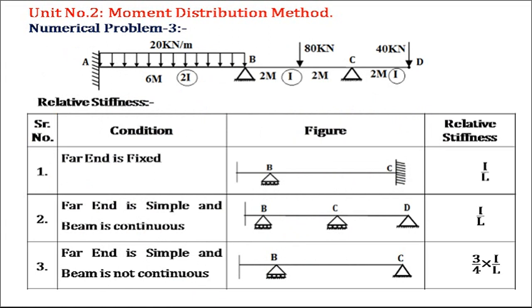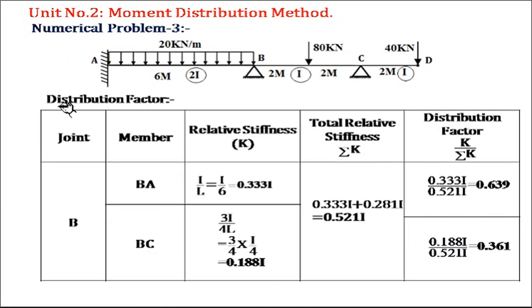This is the condition to find the relative stiffness. Then we found the distribution factor for members BA and BC at joint B. The distribution factor for member BA was 0.639, and for member BC it is 0.361, and the addition of these two is equal to 1.